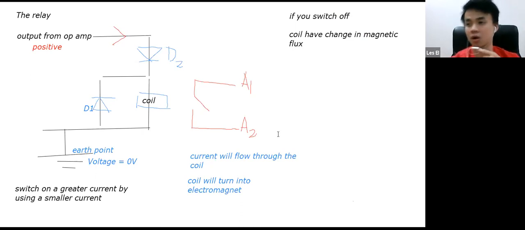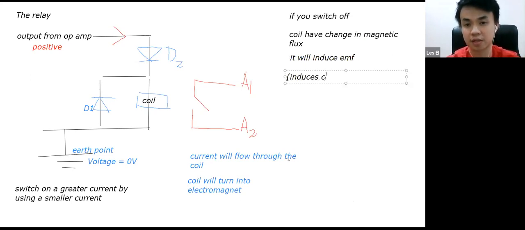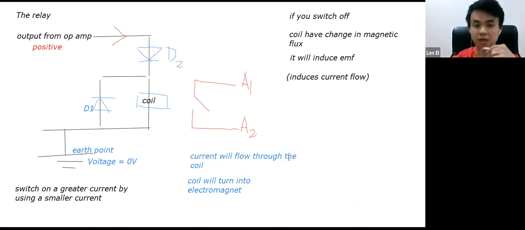Because your coil has turned into an electromagnet, since there's a current flowing through it, and then suddenly you cut it off because you want to switch off your device, you are changing from a magnetic field to no magnetic field. If there is a change in magnetic flux, it will induce EMF. If it induces EMF, it will produce a current, meaning it induces a current flow.